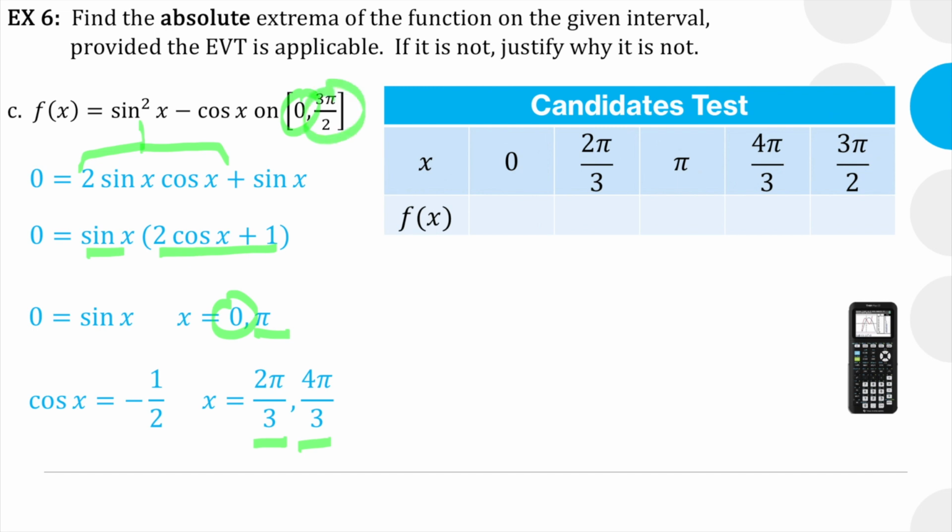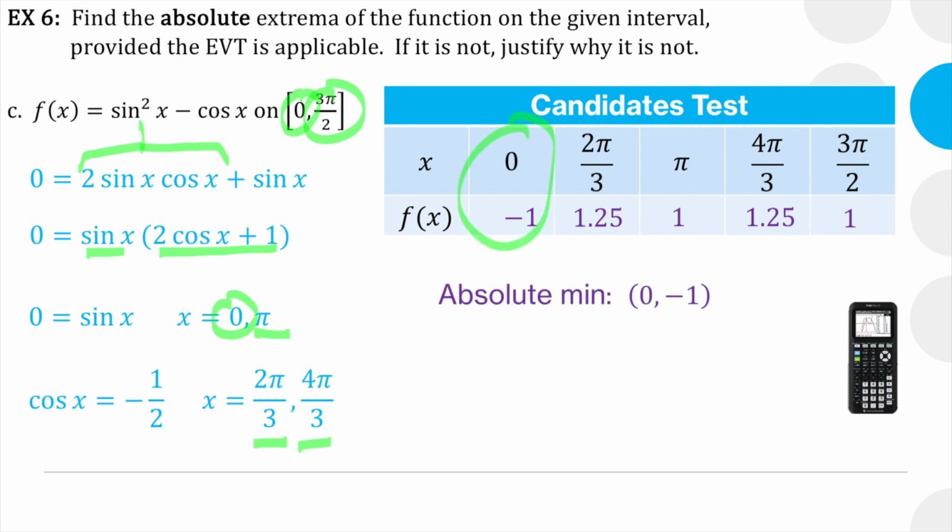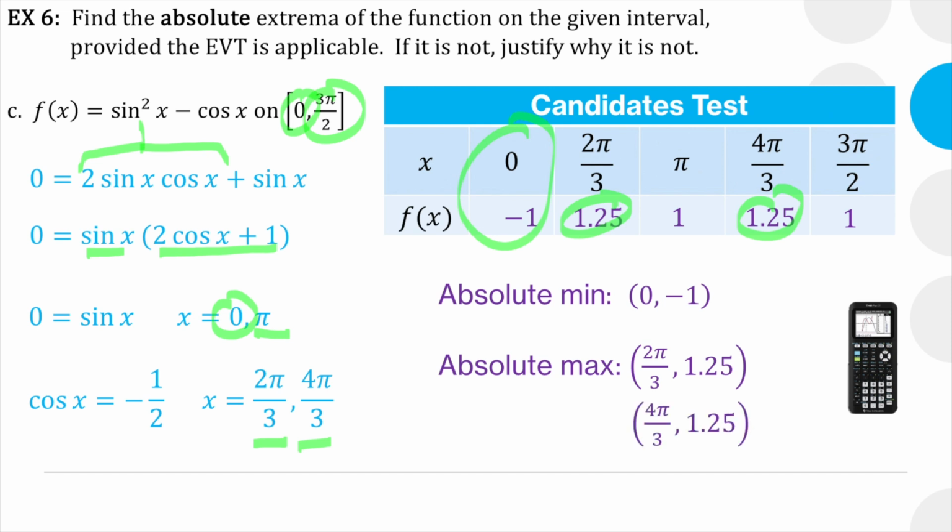And then we'll plug those back into the original function. -1, 1.25, 1, 1.25 again, 1 again. Looks like our minimum is right there at 0, -1. And the maximum, we have a tie. One is at 2 pi over 3, and the other one is at 4 pi over 3.